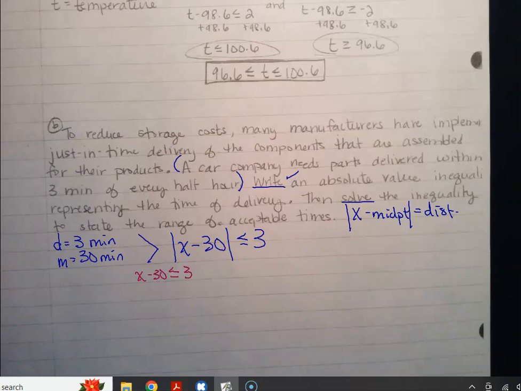Now, give me the other one then. Yep, everything inside the absolute value stays the same. You have to flip the sign to make it a negative 3, but then you have to flip the inequality sign. Greater than, good, or equal to.